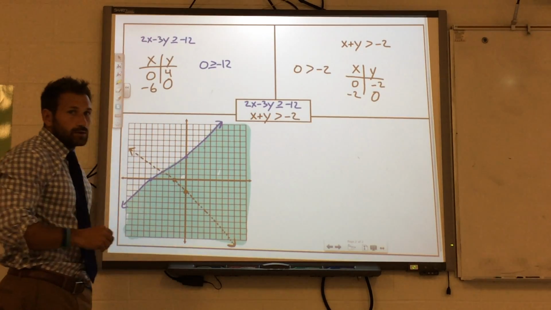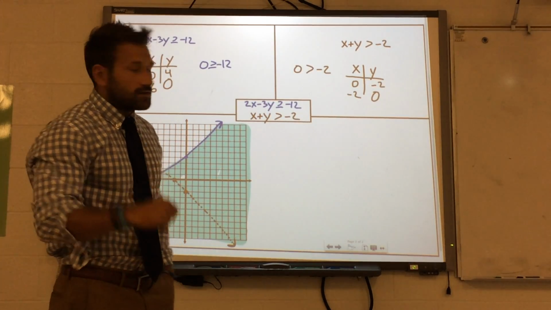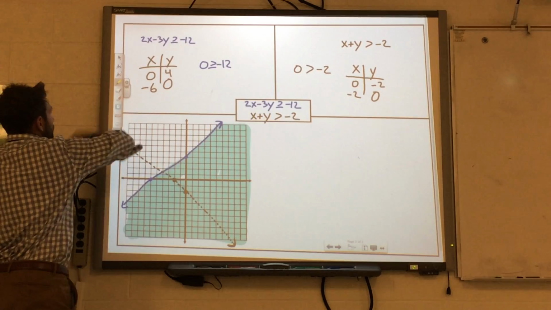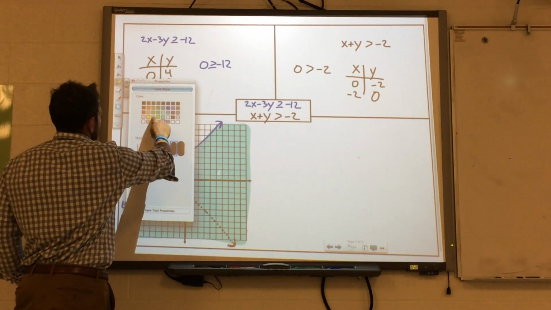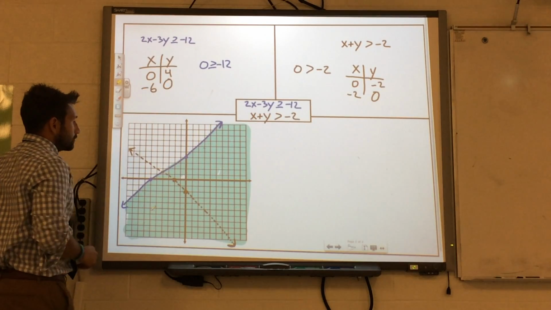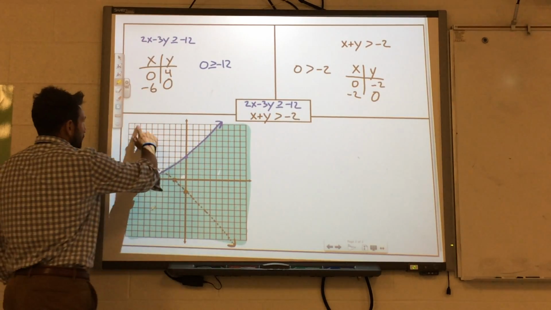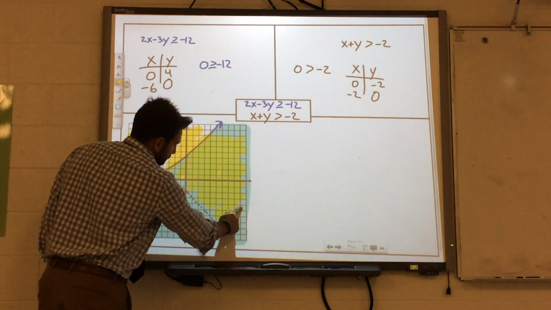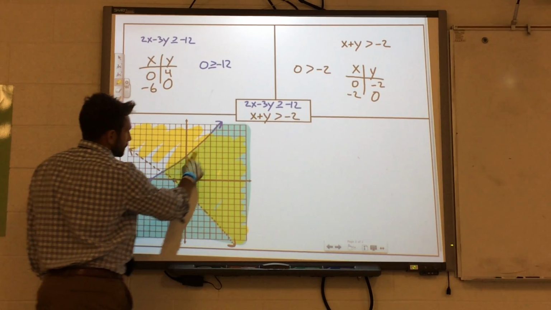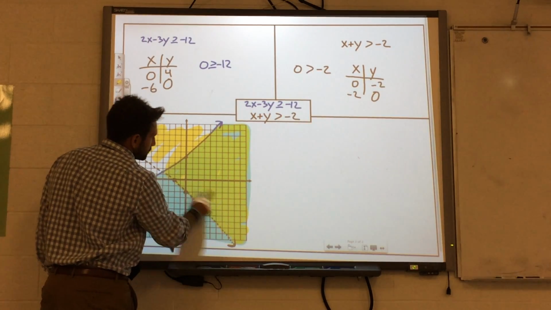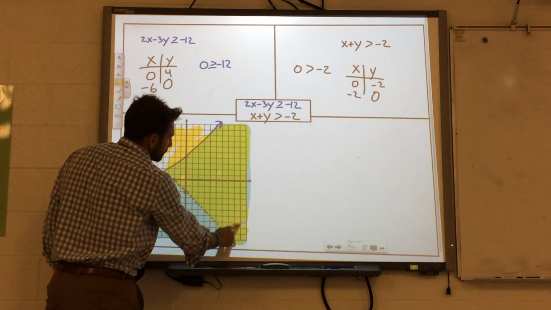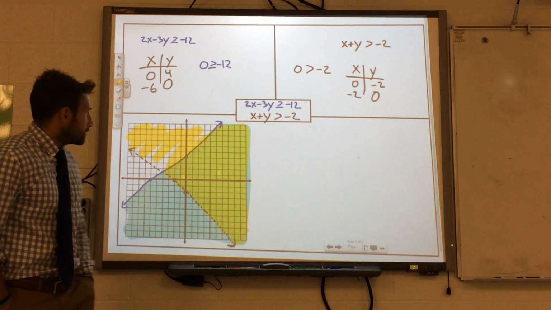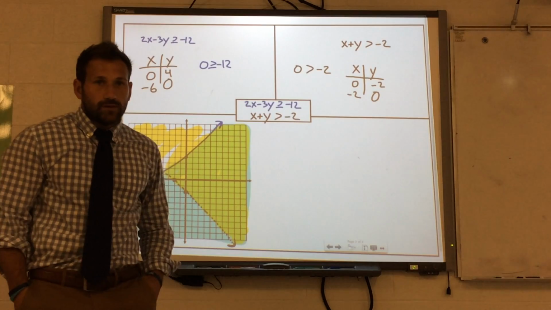And you should see now the shaded region that satisfies both inequalities. We shade above, and we use a different color. Let's use yellow. Okay, we're going to use yellow, shade above the dotted line. And as you can see, when I shade above, the region that is in green is the region that satisfies both inequalities.